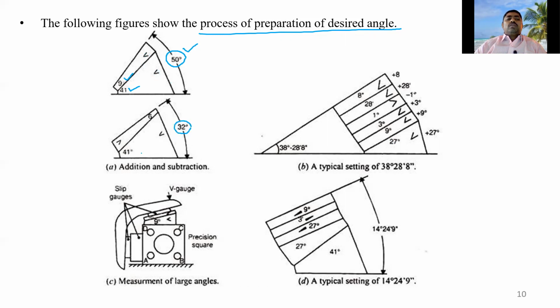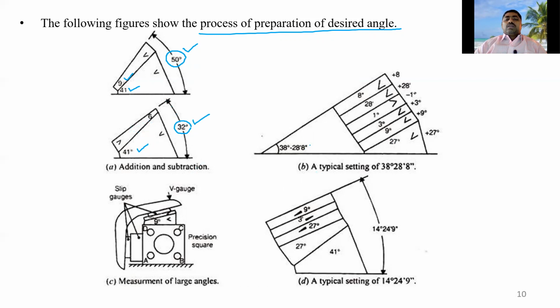I have the 41 degree angle gauge and a 9 degree angle gauge. This 9 degree I have to subtract from the 41 degree, so I have to ring the second angle gauge, the 9 degree gauge, in the opposite direction so that the angle is subtracted from 41. I will get 32 degree.